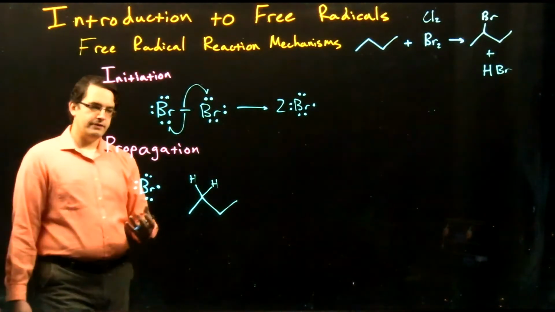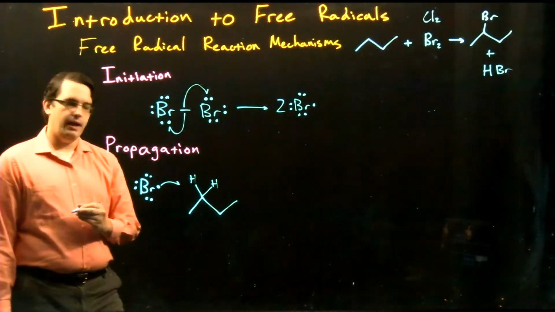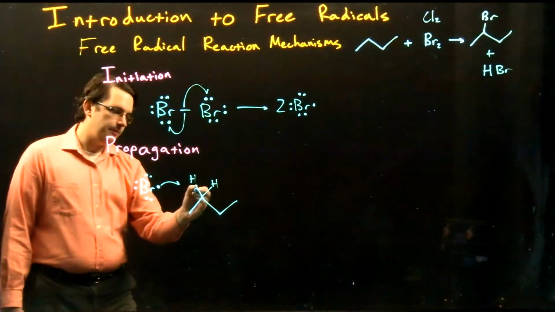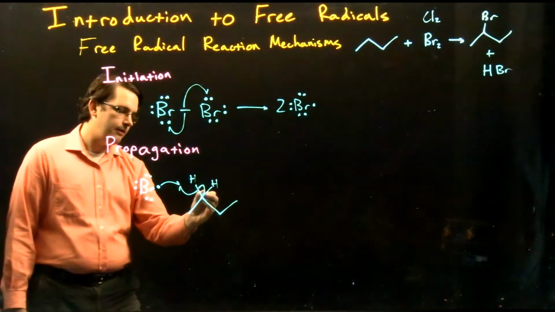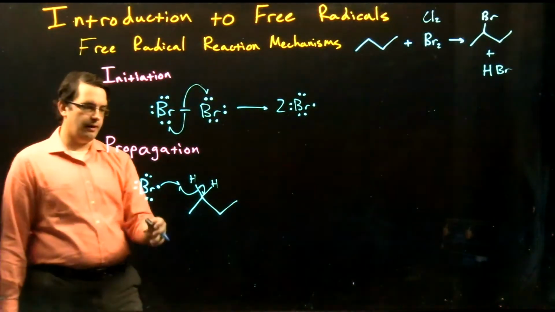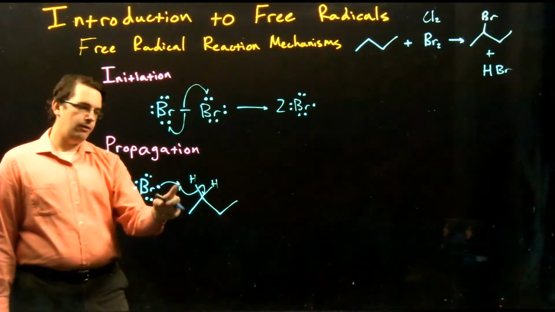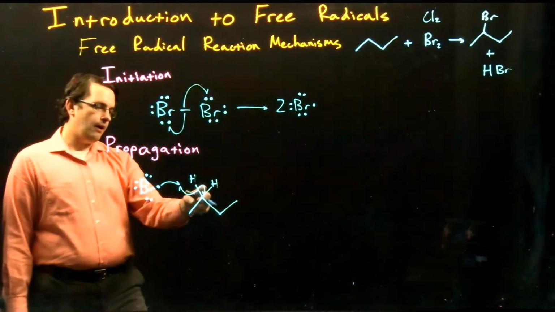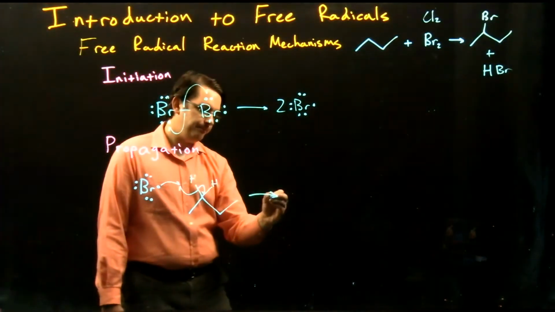And normally these hydrogens, again, are relatively unreactive, but our bromine really wants to get an extra electron. So it's going to come in here, and it's going to cause this bond to break and dump its free electron onto our carbon. Right? So we're taking an electron from this bond, an electron from our radical, and forming new bonds, and then the other electron from that bond is going to our carbon.